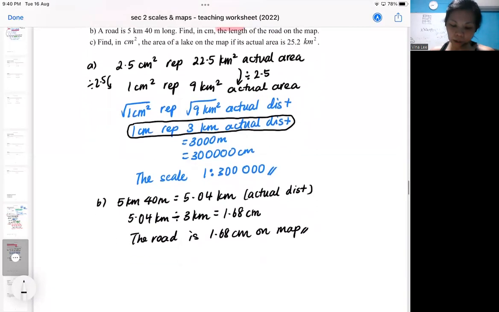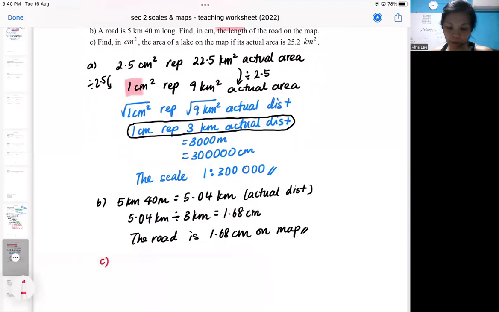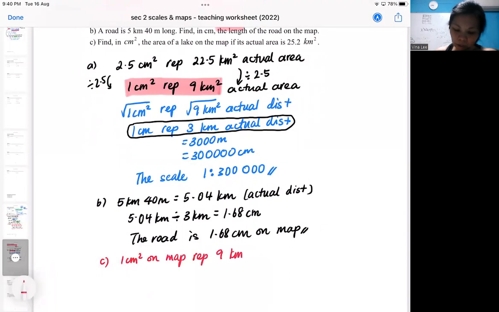And then subsequently, the last part, we have comparing about area. If you're comparing about area, I will be using a nice number. I no need to repeat, I just take the nice number. So remember, 1 centimeter square on the map represent 9 kilometer square actual area.